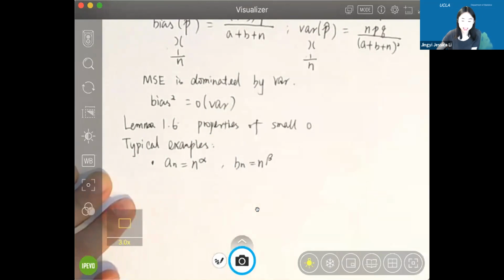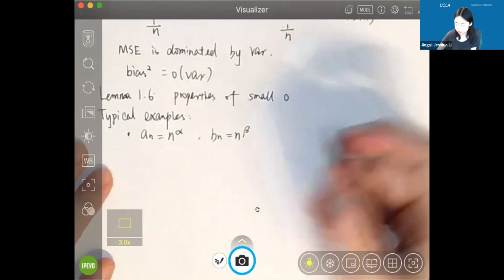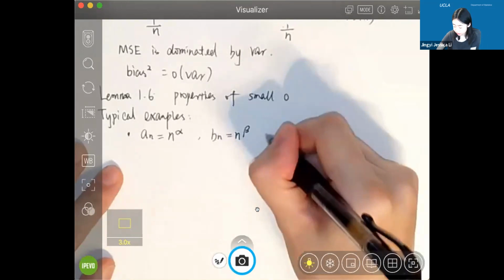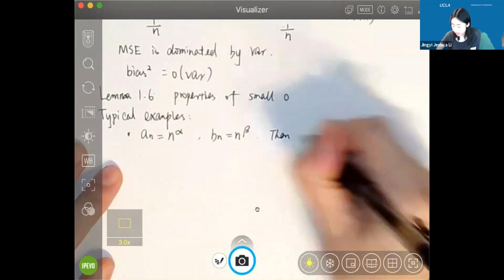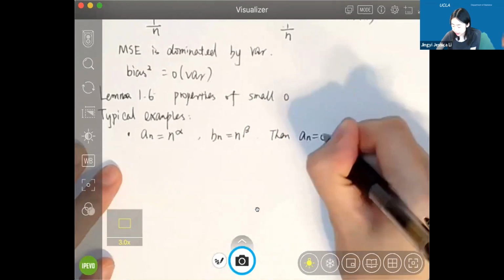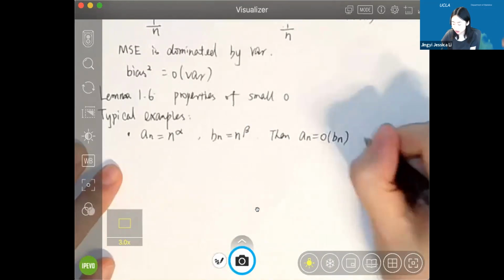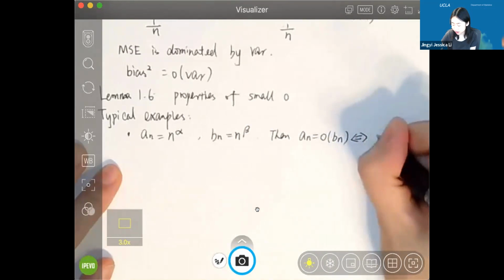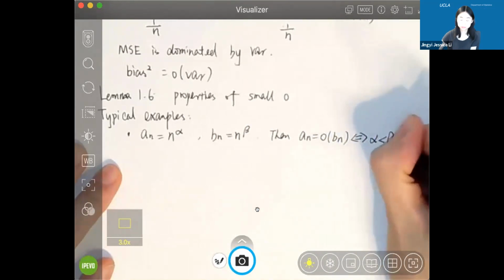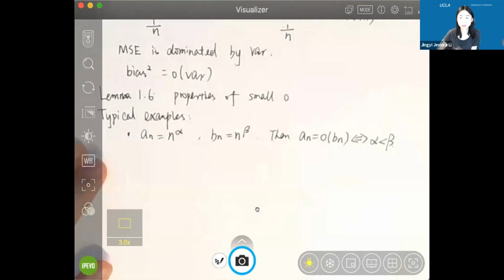For this case, an is small o of bn if and only if alpha is less than beta. That's the first relationship: how do we compare two polynomial series?